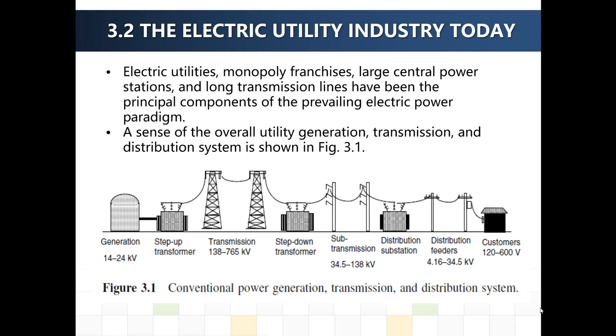At the site, the electricity generated at a central power station is almost always three-phase alternating current power at voltages that typically range from about 14,000 volts to 24,000 volts.